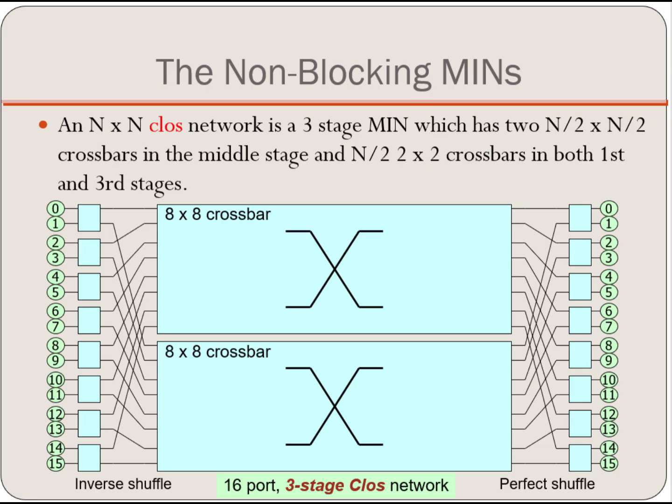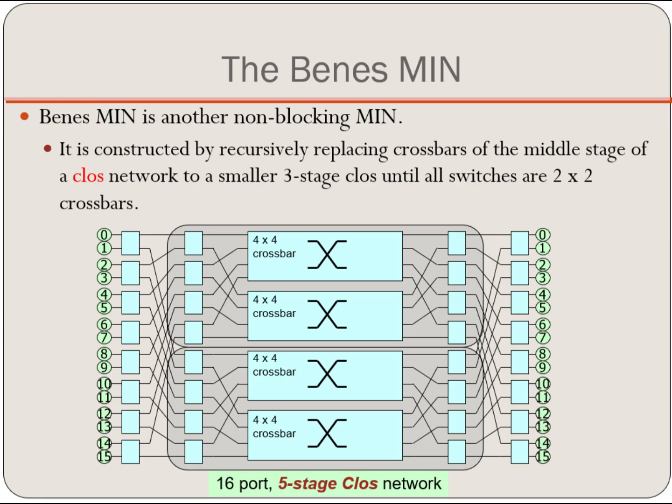We replace this one by a smaller 3-stage network. This kind of recursive application has another name: the Benes network. So this is a 16-port 5-stage network.